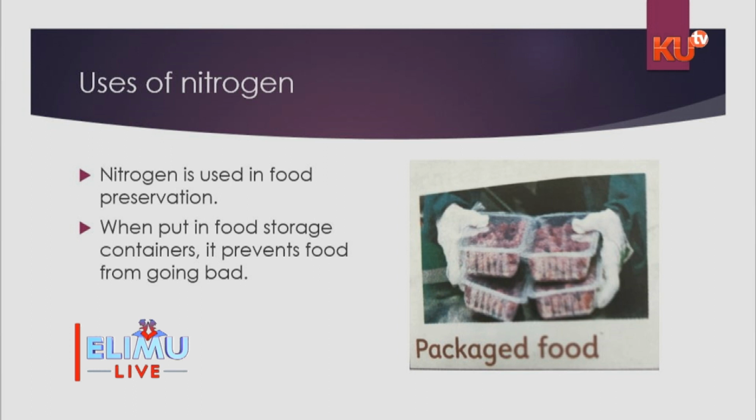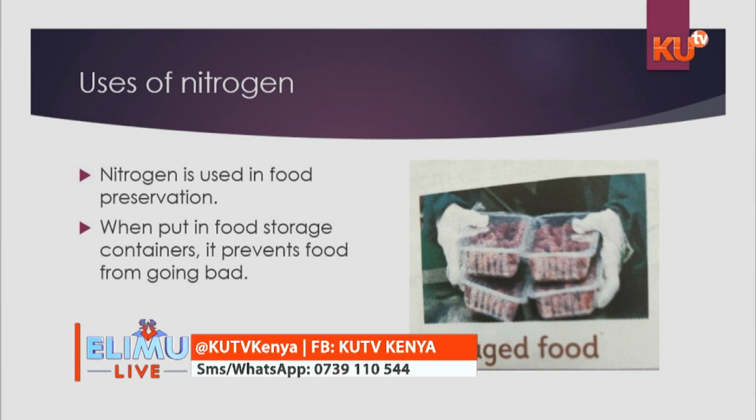Then use number 2 of the same nitrogen. Nitrogen is also used by plants. And how is it used by plants? We've said carbon dioxide is used by plants to manufacture their own foods.